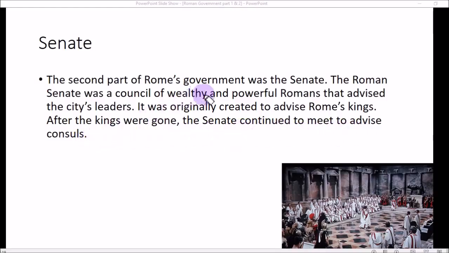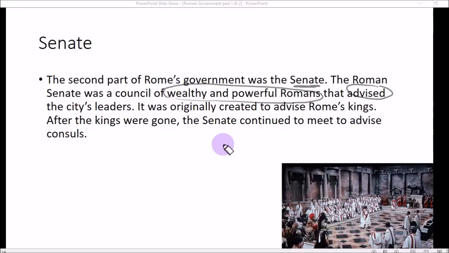All right, let's see. Our word is Senate. And like we said before, our country, the United States, has a Senate as well. And these were wealthy and powerful Romans, so they would be the patricians, most likely. Advise means to give advice.